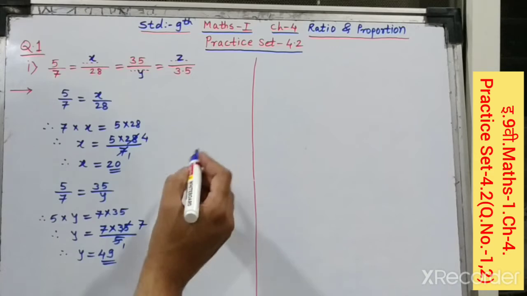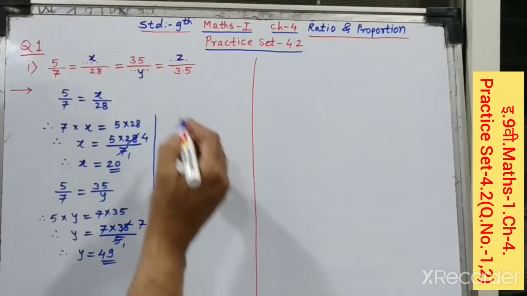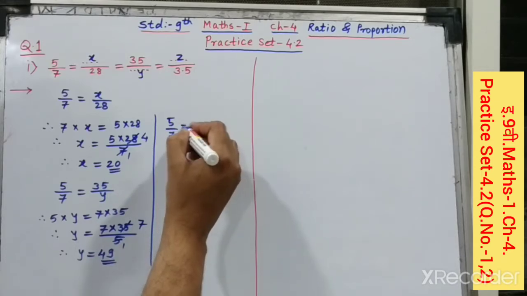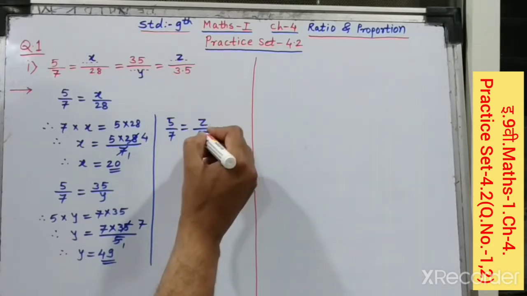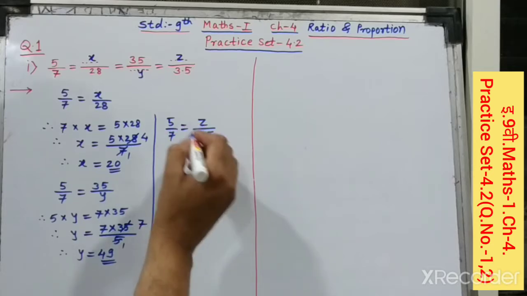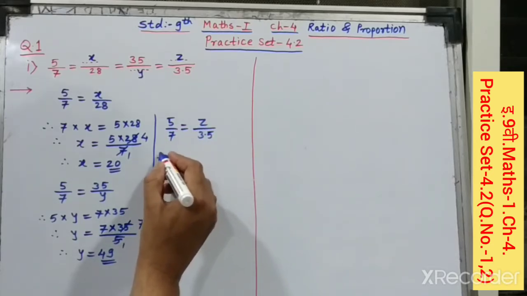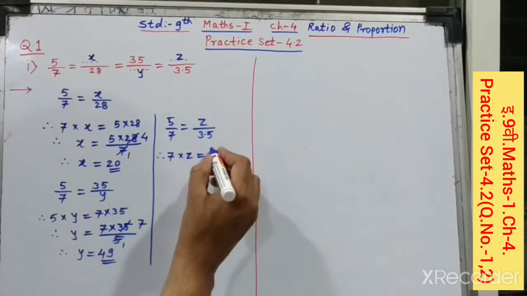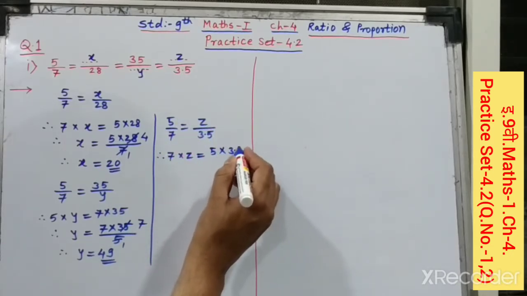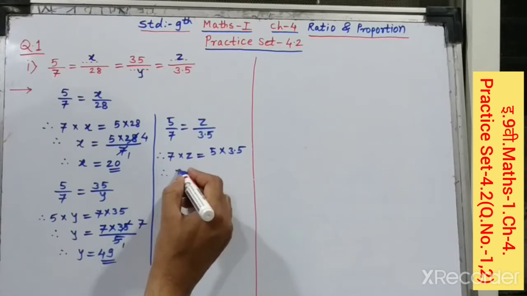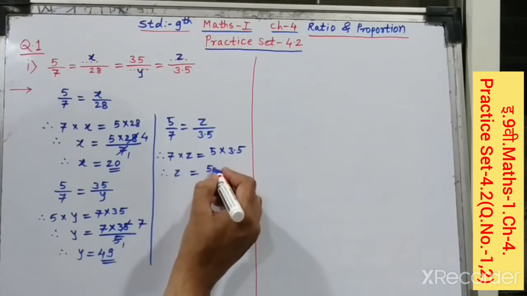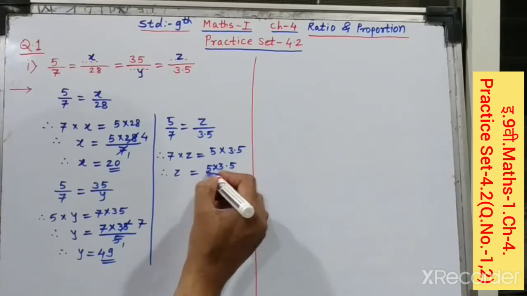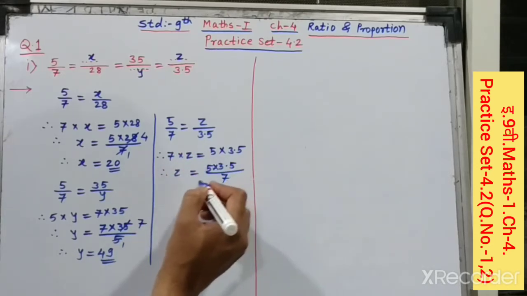Similarly, we can find the value of z here. So 5 upon 7 is equal to z upon 3.5. Again take the cross multiplication. So 7 into z is equal to 5 into 3.5. So z is equal to 5 into 3.5 upon 7.